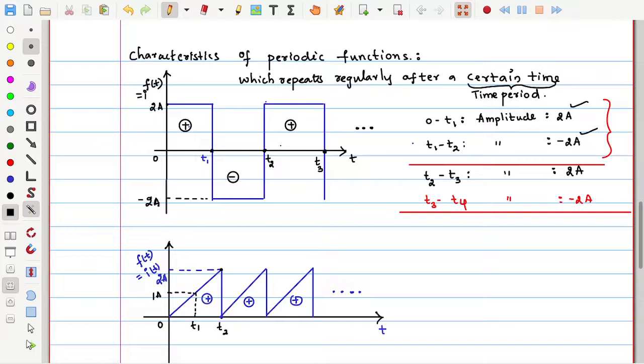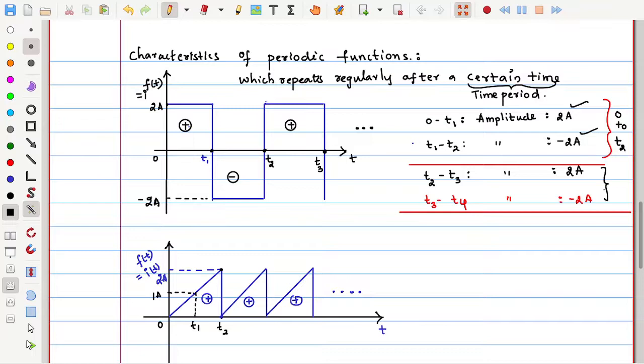Now try to identify the time period of this periodic waveform. This is going to be repeated. Now try to observe: 0 to T1 is 2 amperes, T1 to T2 is minus 2 amperes. Then what is the time interval for this entire thing? 0 to T2. Then after 0 to T2, the same kind of nature is going to be repeated in the next time interval.